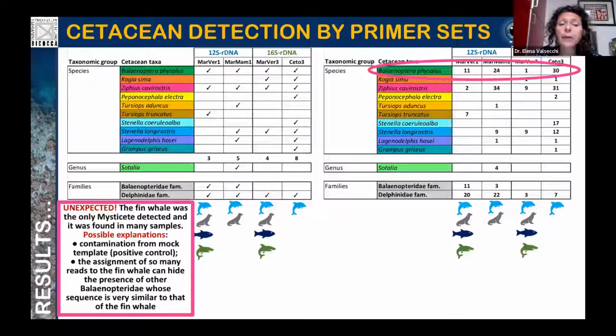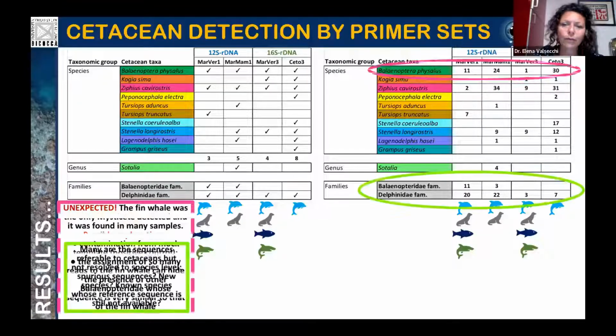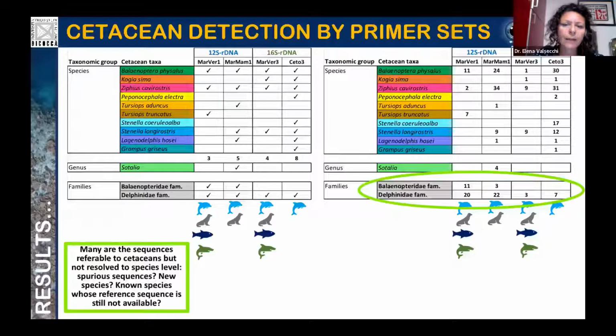The possible explanation is a contamination from the mock template that we used as a positive control, which indeed contains fin whale DNA, and possibly at the same time it is also hiding some other mysticetes. So also in this case, we should find a better resolution.